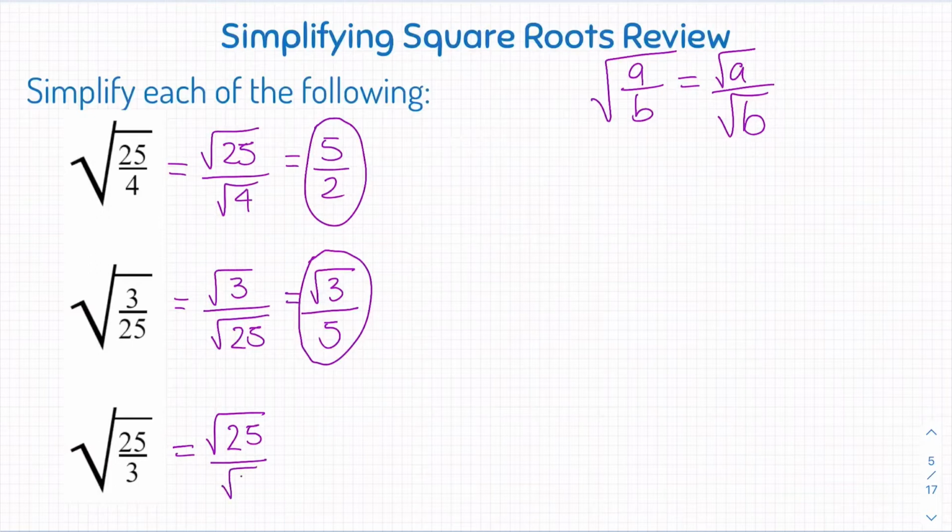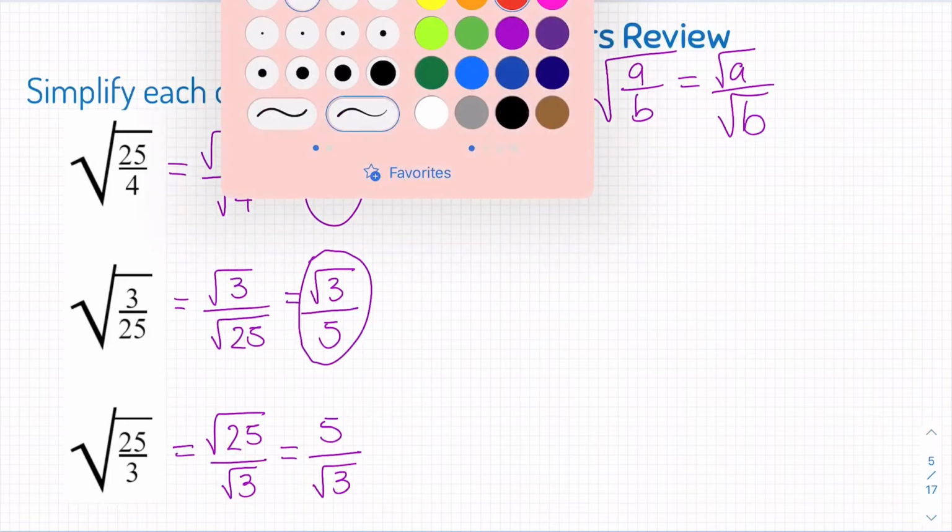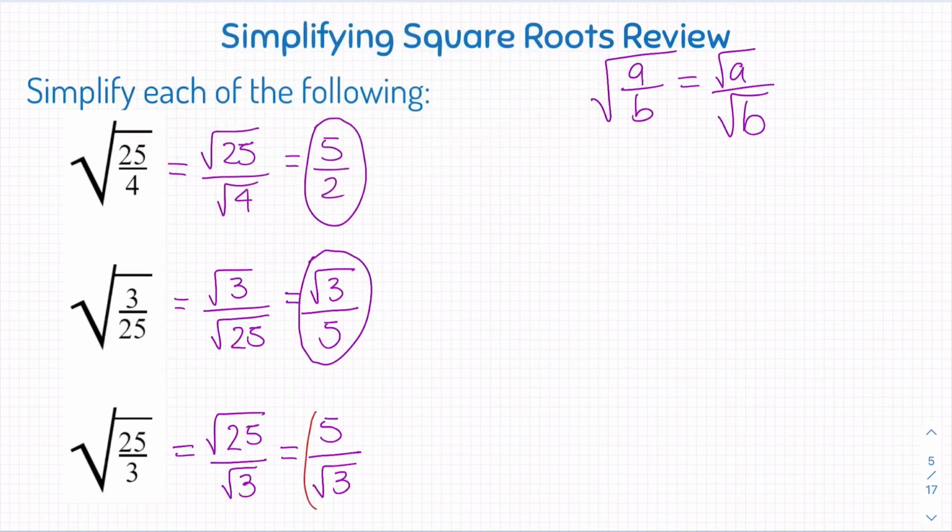Let's look at this last example. The square root of 25 is 5. Again, the square root of 3 cannot cleanly be simplified. But if you remember from geometry, you should never leave a radical in the denominator. Moving this radical to the numerator is called rationalizing, much like getting an imaginary number out of a denominator was called rationalizing for complex numbers. So 5 times radical 3 is 5 radical 3.